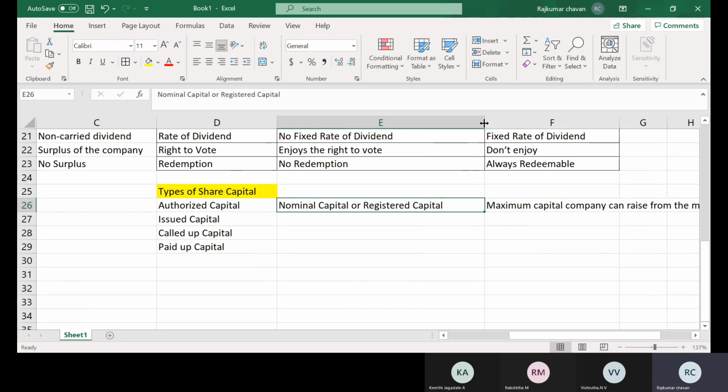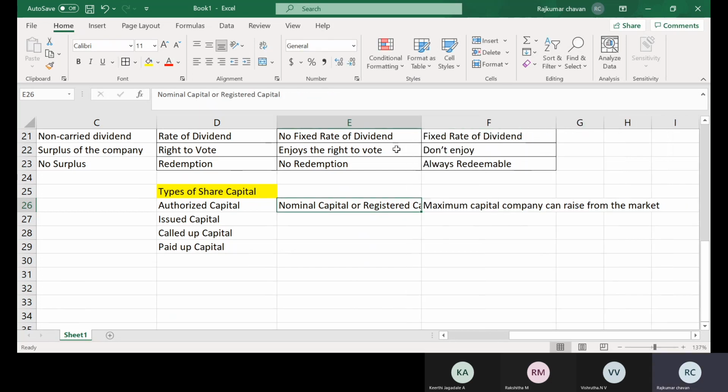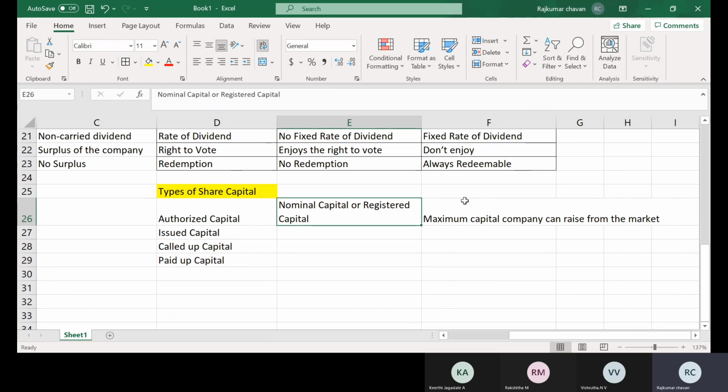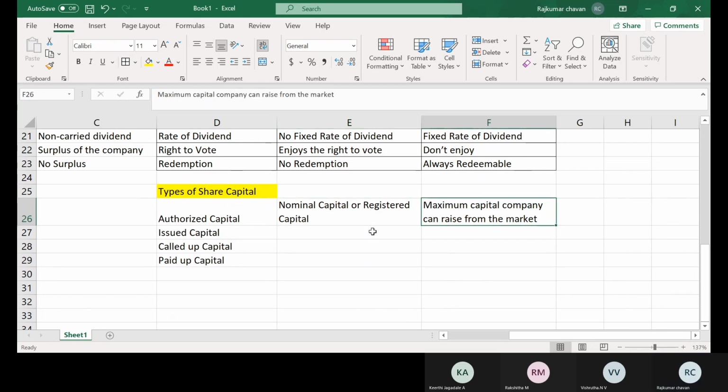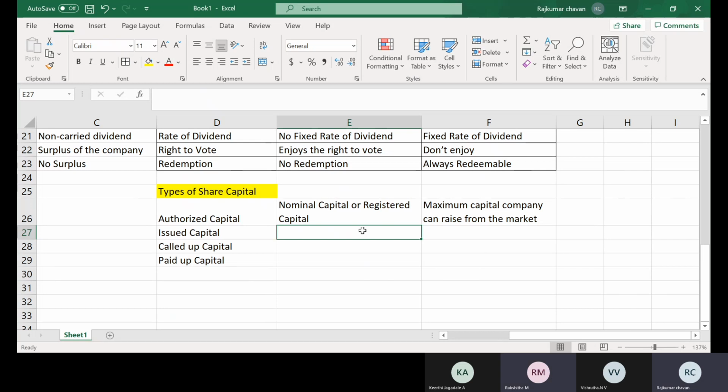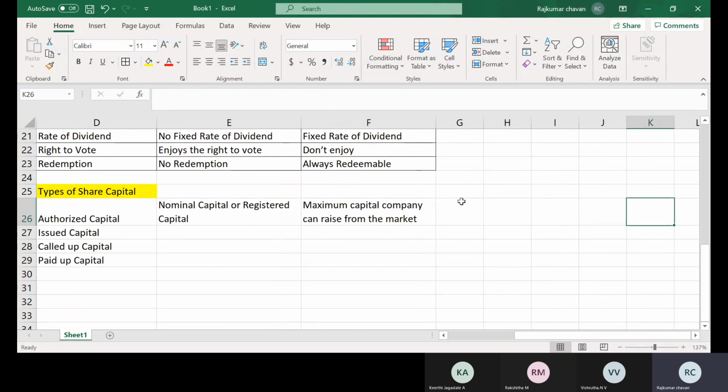So that is called authorized capital. Is that clear? Yes, sir.